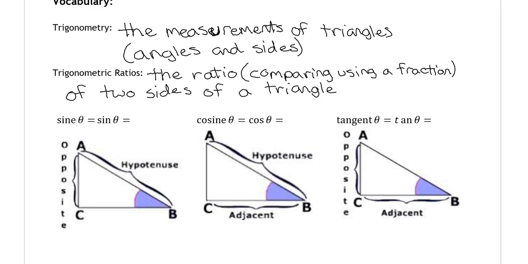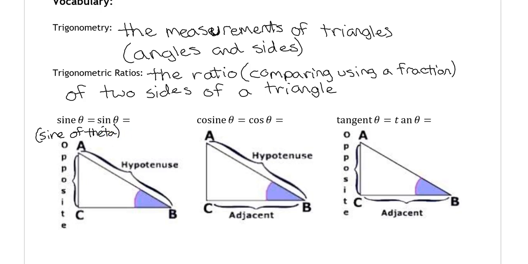So the sine of theta is comparing our opposite side and our hypotenuse. It's pronounced sine. It's abbreviated S-I-N, but it is not pronounced sin. If you say sin, I'll say I have no idea what you're talking about. The sine of theta, or whatever your variable, sometimes we'll have an x, an angle in there.